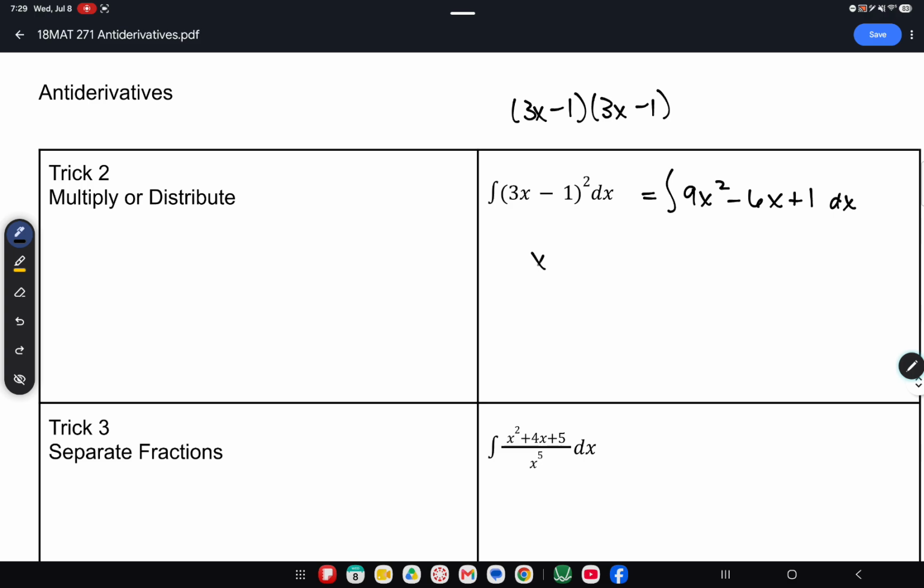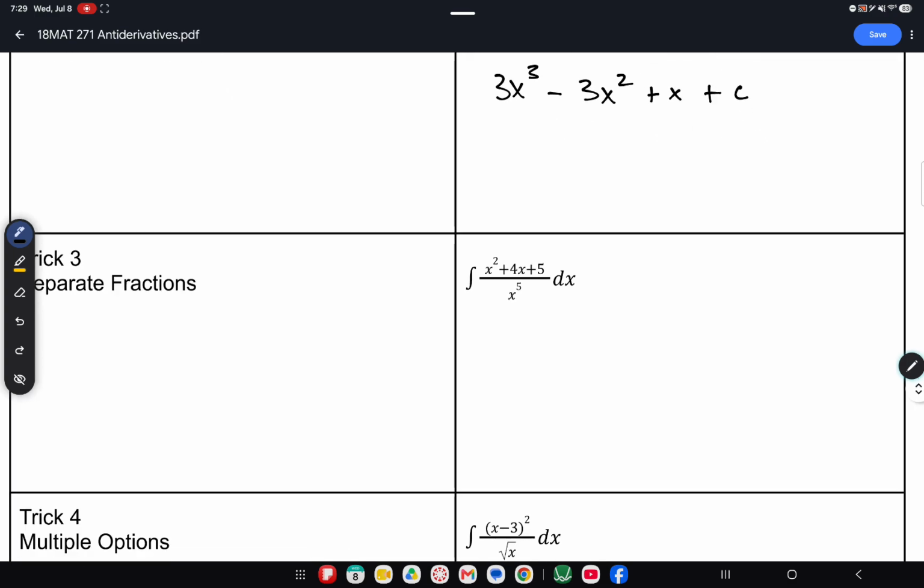It's going to be some form of x cubed to give us that x squared, and then I'd have to have a number here to give us 9. So 3 times 3 is 9. Then 6x will have to have some form of x squared, and it's got to multiply to 6. And a derivative of just 1 would be just x. And then plus c.